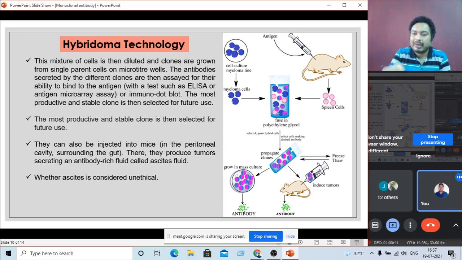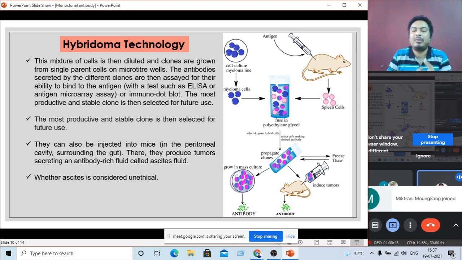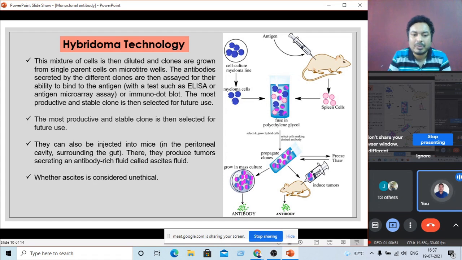Later on, we can collect the ascitic fluid, and these fluids can be purified for the hybridoma technique. This is a technique, but nowadays it is completely banned. Why is it banned? Because it is unethical. You can see that ascitic formation is an unethical process.